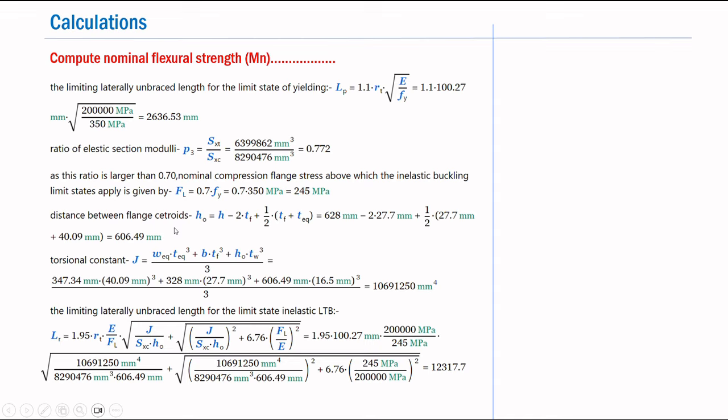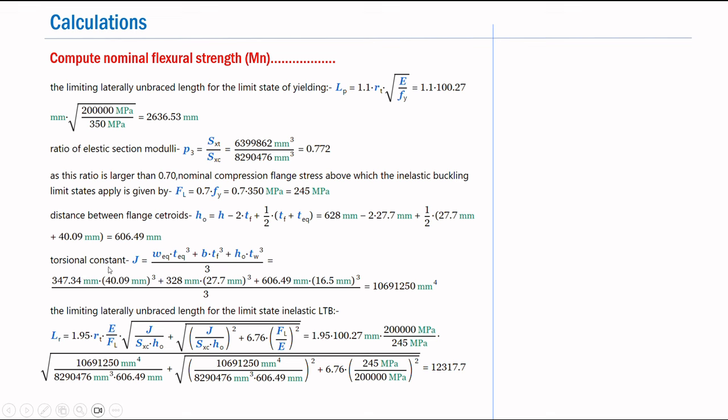The distance between the flange centroids is next calculated as ho, that is h minus 2 tf plus half of ti plus teq, that is equal to 606 millimeters. Obviously, I don't want to explain all these parameters in detail because it takes a lot of time, and it's better that you directly refer to the code.